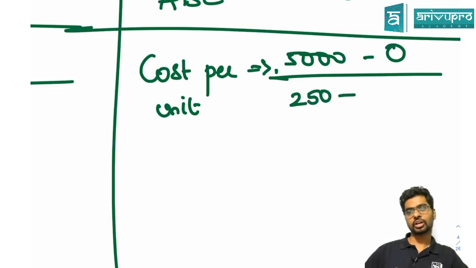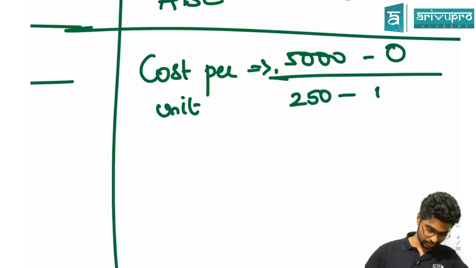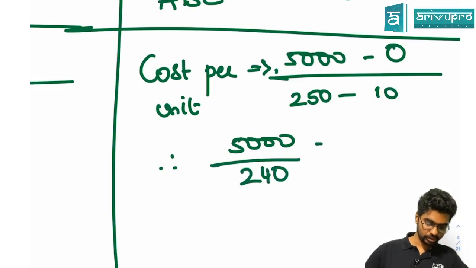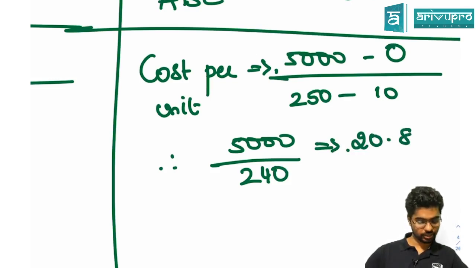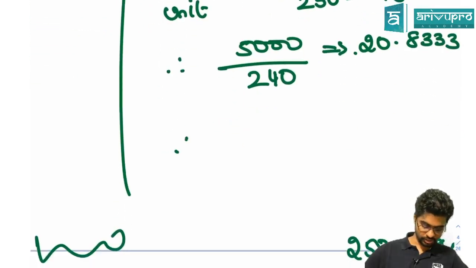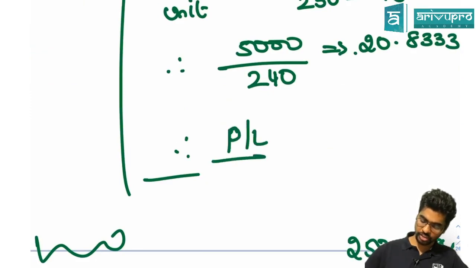What is my normal loss? 10. Therefore, cost per unit will be 5,000 divided by 240. Suresh sir, calculator. How much, sir? Correct, 20.8333.